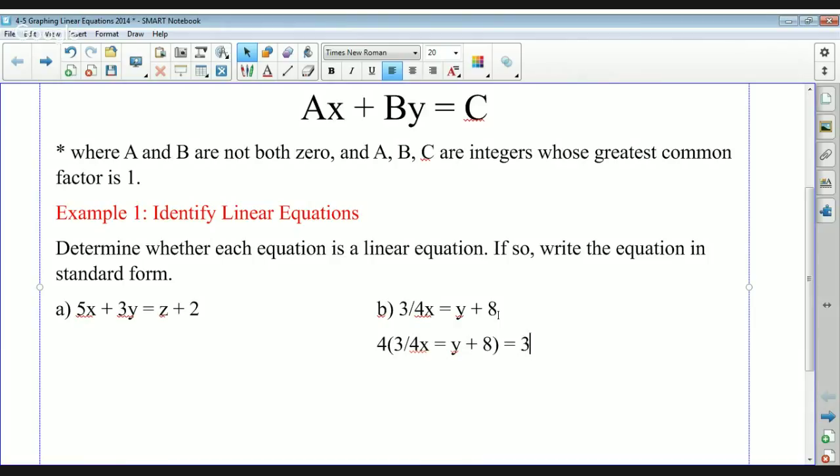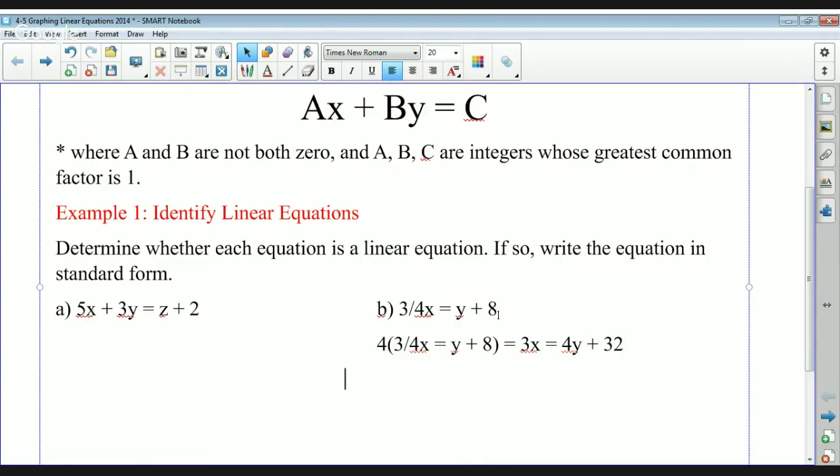We will get 3x equals 4y plus 32. So we did the first part. We got rid of any fractions. We have all whole number values. Now the last question is, does it look like our standard form up above? And that answer is no.